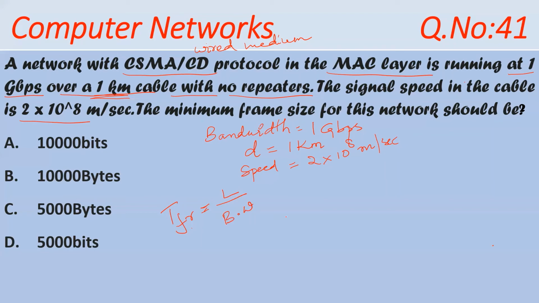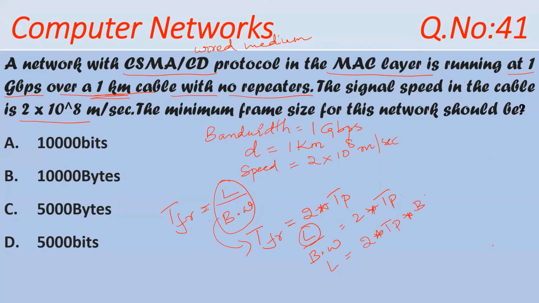And in CSMA/CD, the frame transmission time will be equal to 2 into the propagation delay. We substitute this: L by bandwidth is equal to 2 into TP. We need to find L, so bringing everything to the other side, L is equal to 2 into TP into bandwidth.